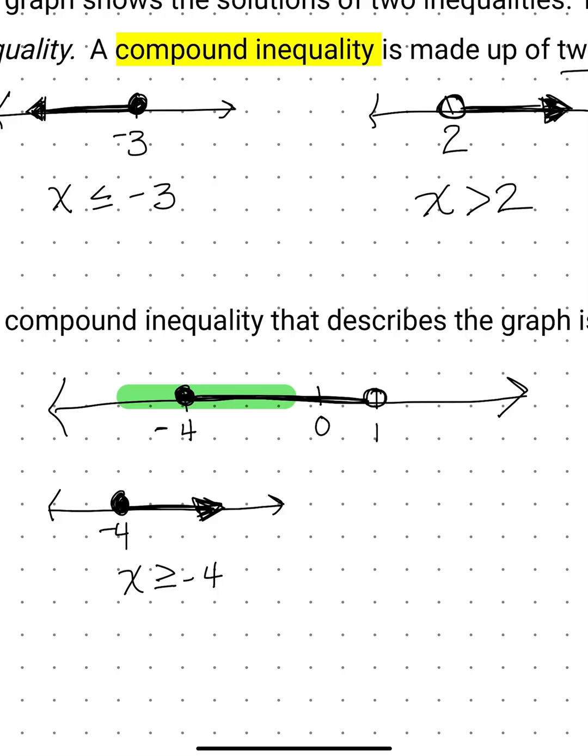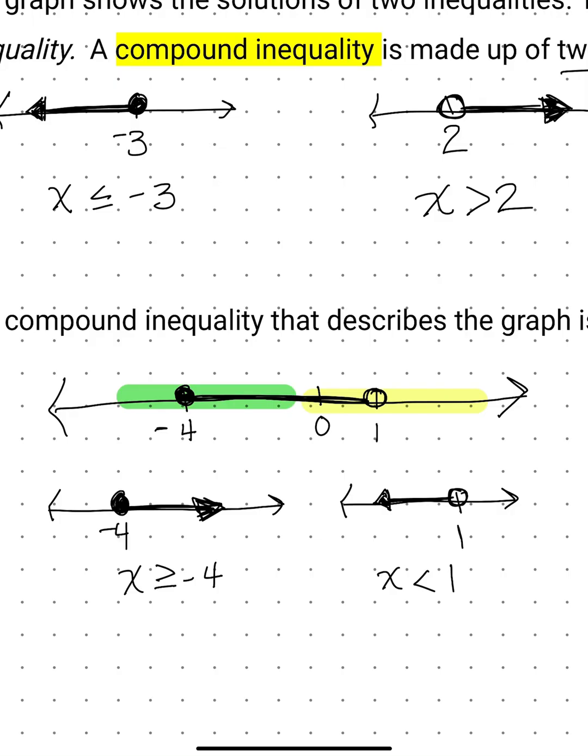Now, if I represent this side over here, let's go ahead and sketch just that part. I have a 1. It does not include 1, but up to 1. And it's all the values to the left of 1. So my inequality for that would be x is less than 1, but does not include 1.